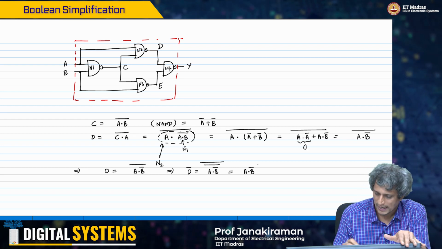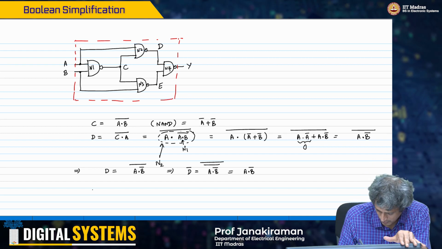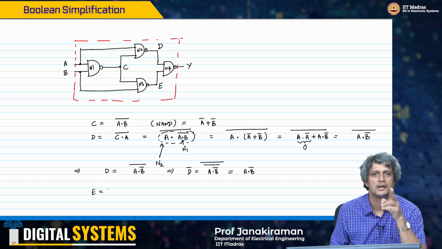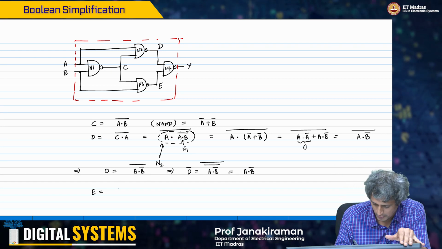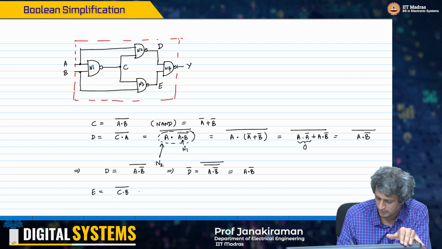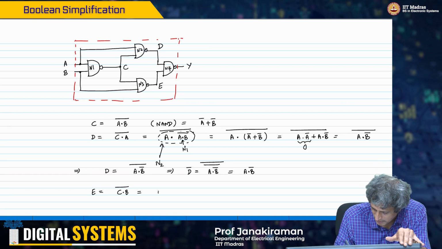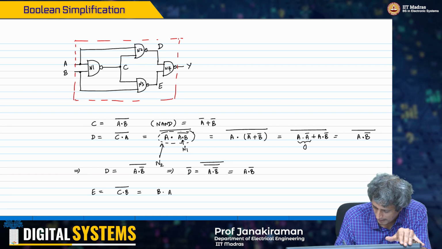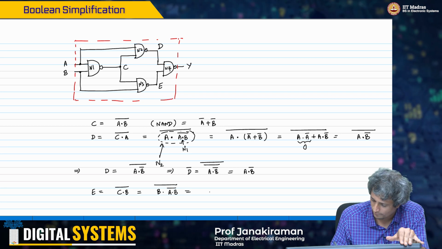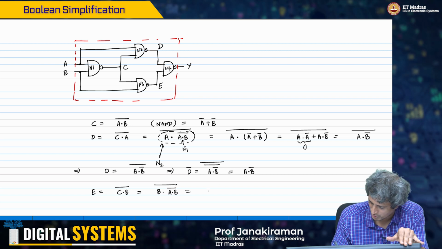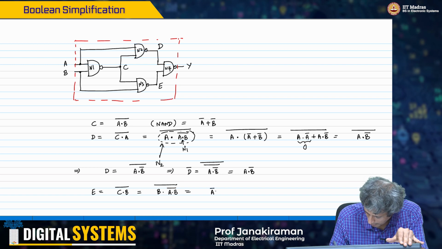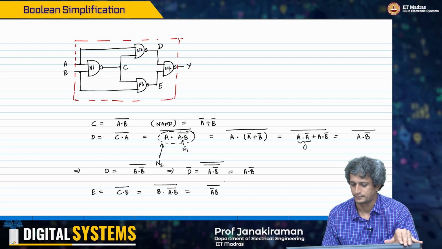Okay. Likewise, if you look at E, it is very similar to what we did, except that B has replaced A now. So if you look at this, this is C and B whole bar. So do the same thing. It is B and A into B whole bar, right? And therefore this I will further write, and if you simplify this, you will get A bar B whole bar.